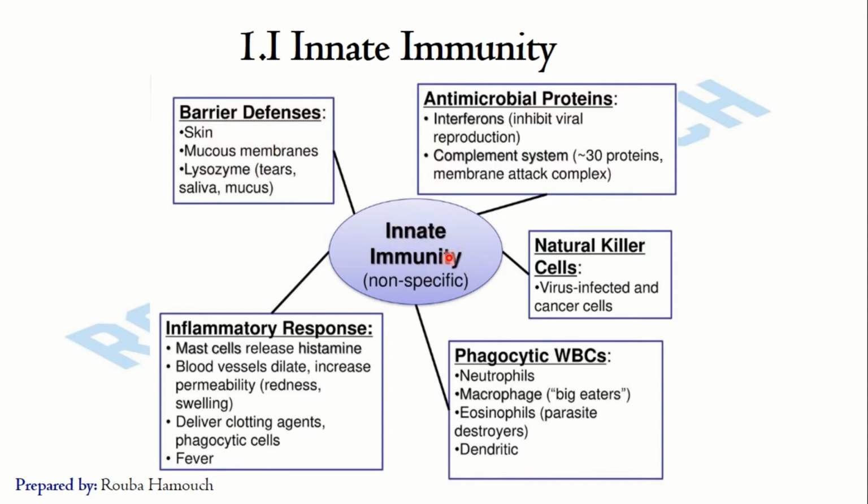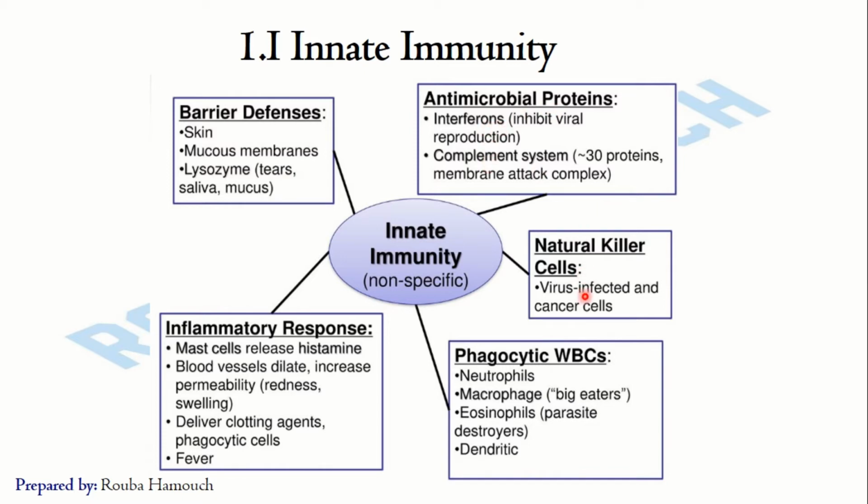Now, the innate immunity is manifested by two major processes: the inflammatory response or the inflammatory reaction, and the phagocytosis. We will discuss these two phenomena in the next slides. Also, in the innate immunity, we have secretion of antimicrobial proteins like interferons and complement, discussed later.